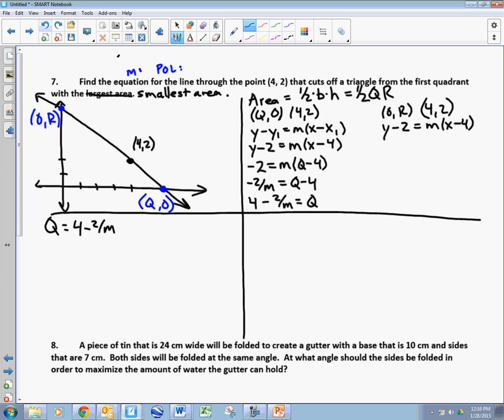R, so I have r minus 2 is equal to m times, what do I put in for x? So it's times negative 4. If I solve for r, I get r equals 2 minus 4m. What do you think of that?